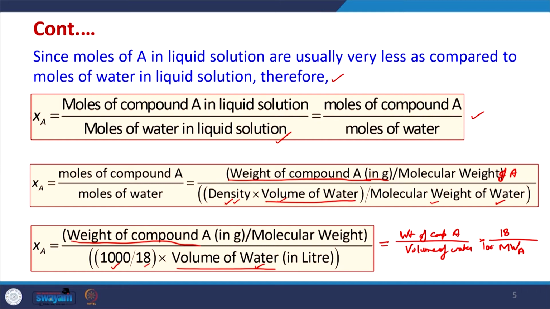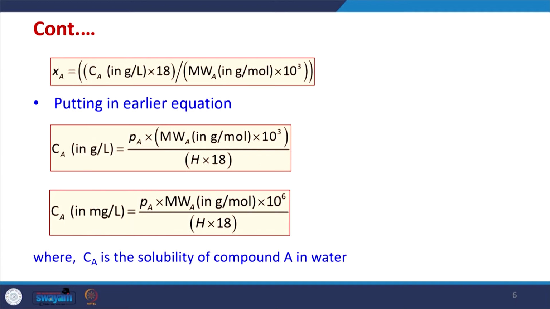These are additional terms, and this is the concentration of A in the water, equal to 18 divided by 1000 times the molecular weight of A. This is what is represented here, and going further we can write the same equation, as you can see here.